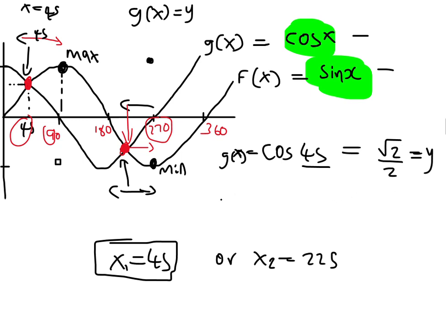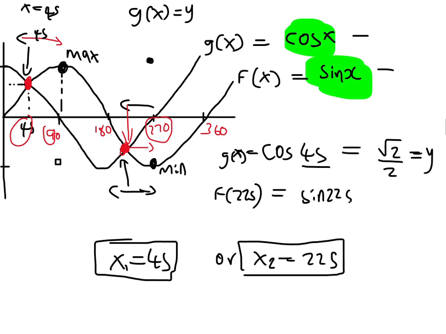Just so that you are assured, let's also plug the value of x2 into f of x, and we must get the same answer. So f of 225 is equal to the sine of 225. Because it is below the graph, we expect a negative answer for the value of y. So the sine of 225 is negative square root of 2 over 2, just as we expected.